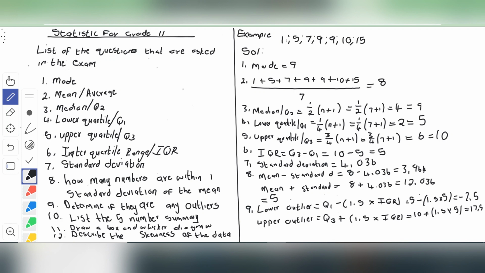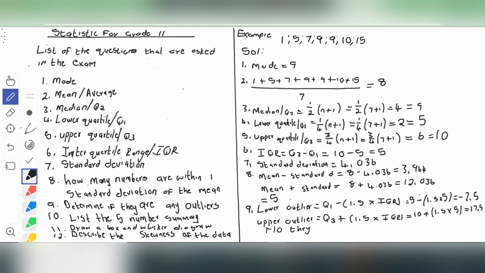From the data set we don't have negative numbers, so we leave it and go to the upper outlier. Because it's 17.5, we check the values which are greater than 17.5. Do we have those values? No, we don't. Therefore, the answer is no, there are no outliers.